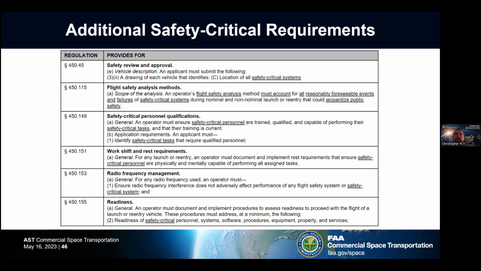The procedures must ensure readiness of the safety critical personnel, systems, software, procedures, equipment, property, and services.